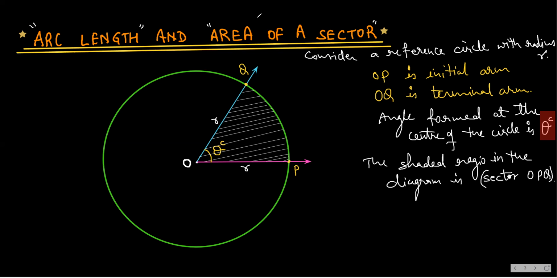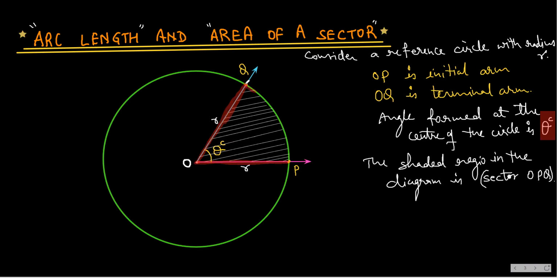I want you all to be very focused, very watchful. It has got three boundaries. What are those three boundaries? One boundary is this radius. The other boundary is this radius, the second boundary. And the third boundary is this arc PQ.